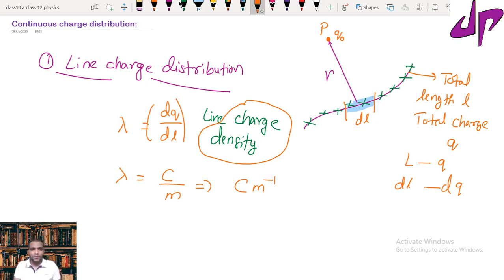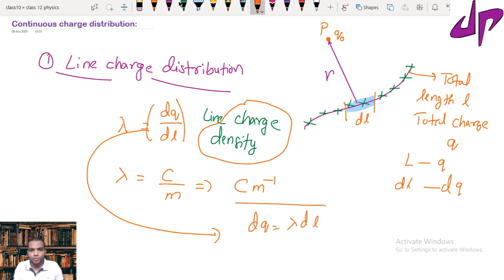So by using this definition of linear charge density, I can write from the above expressions, dq equal to lambda times dl. It means right now I came to know how much charge is present in the elemental length: lambda times dl.